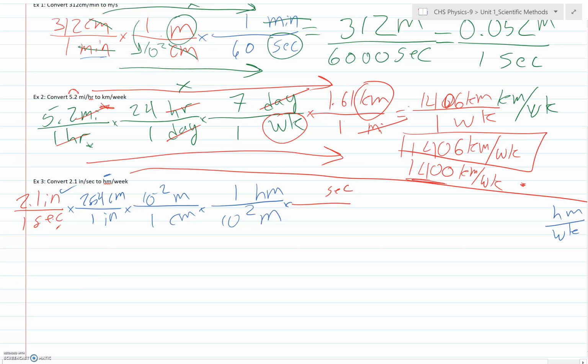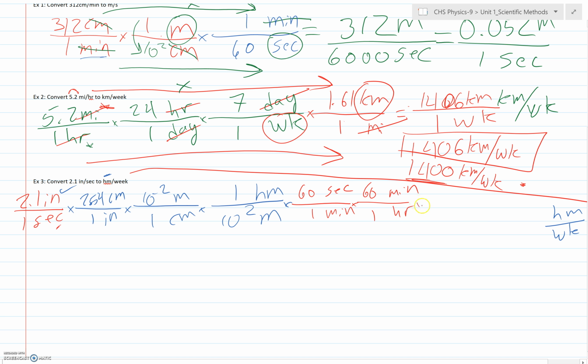I know how many seconds there are in, let's say, a minute. So in 1 minute, there are 60 seconds. Minutes is still not weeks, so I have to get rid of minutes. And I know, going from minutes to hours, that 1 hour is 60 minutes.